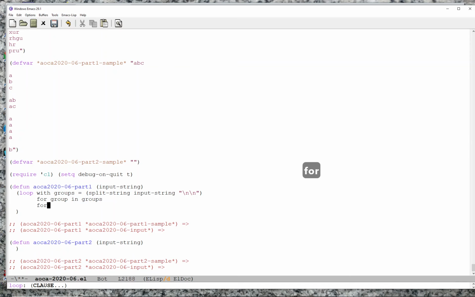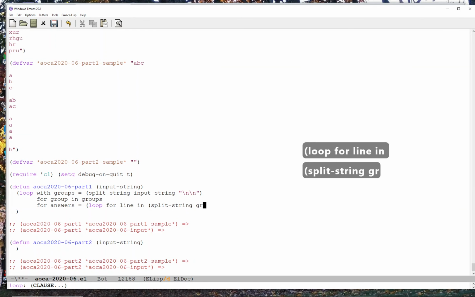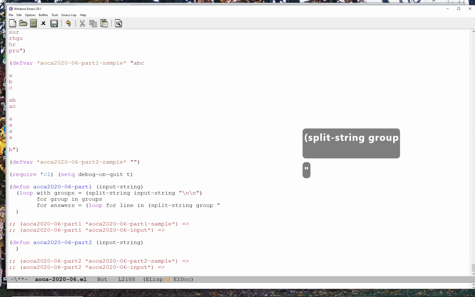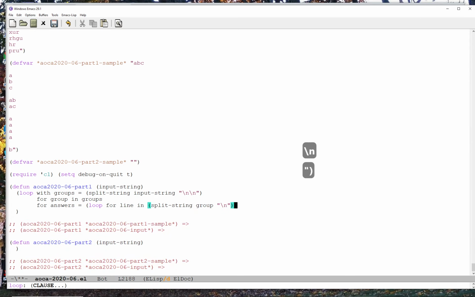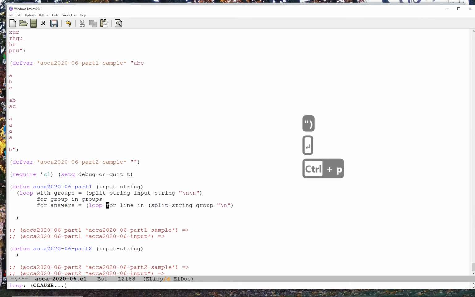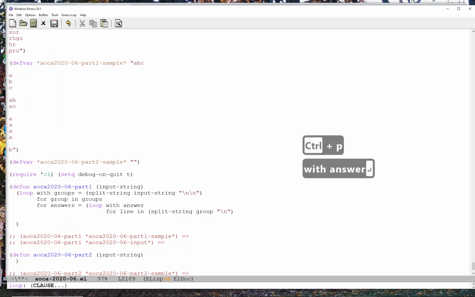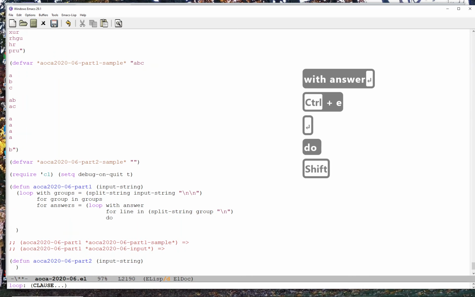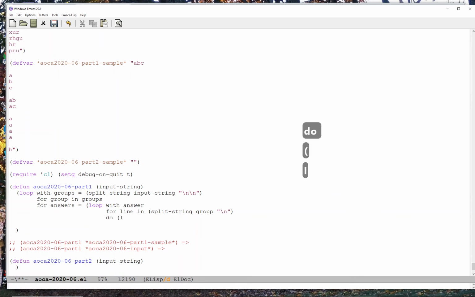So for answers equals loop for line in split-string group with one line, with answer across.